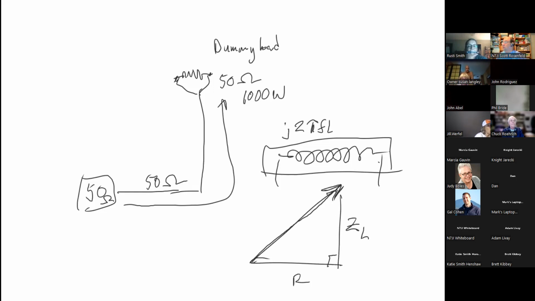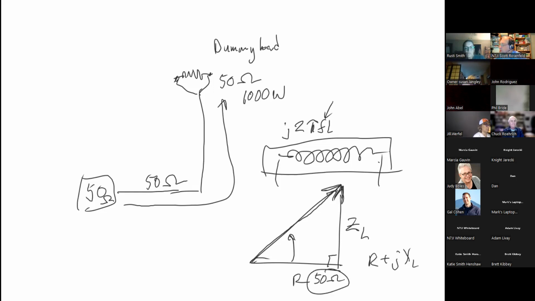So for those of you who've done complex numbers, complex math, it's actually R plus JXL. They're perpendicular to each other. They don't just add. Not only do they do that, they also induce a phase shift. So it's frequency dependent because there's a letter F in there, which means that your 50 ohm resistor is no longer a 50 ohm resistor.